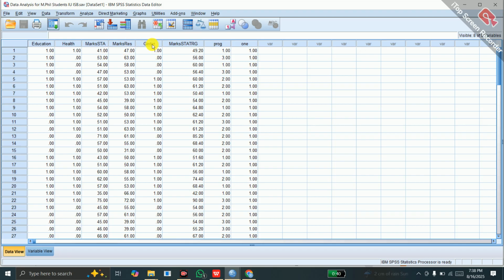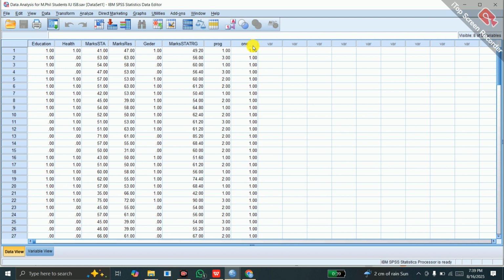Then I have another variable, gender, where 1 stands for male and 0 for female. And then I have another quantitative variable, marks in statistical analysis after training. Finally, I have another categorical variable having 3 categories of programs, and the final variable is that of ones.